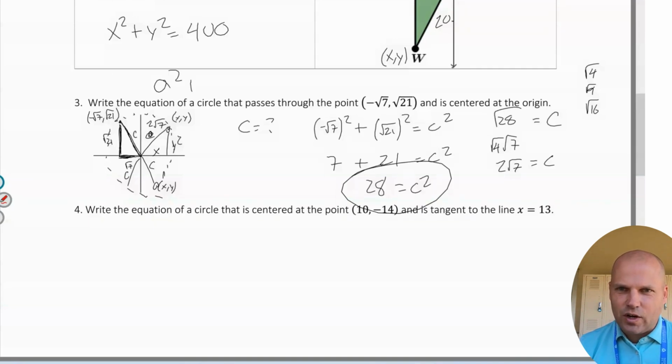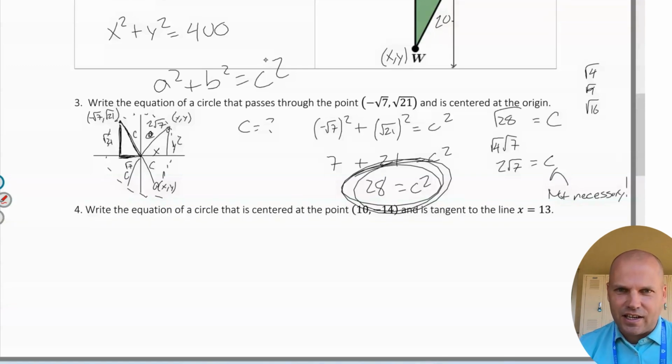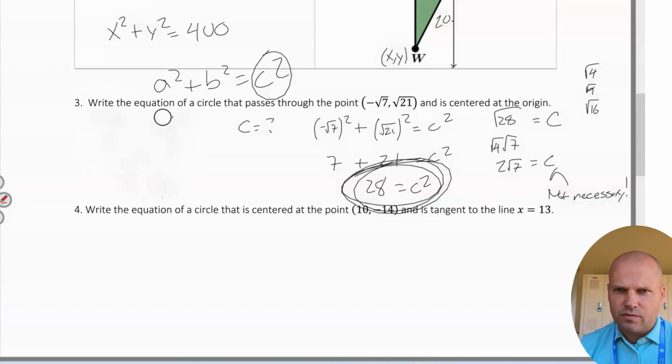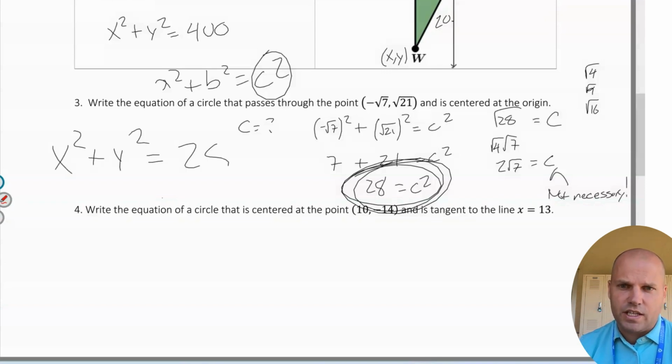If a squared plus b squared equals c squared, I have c squared right there. Why was that not necessary? Because I want an equation, a squared plus b squared equals c squared. Boom, c squared is 28. So my equation, erasing this and providing the equation, is all of my x's squared plus my y's squared, which equals 28.